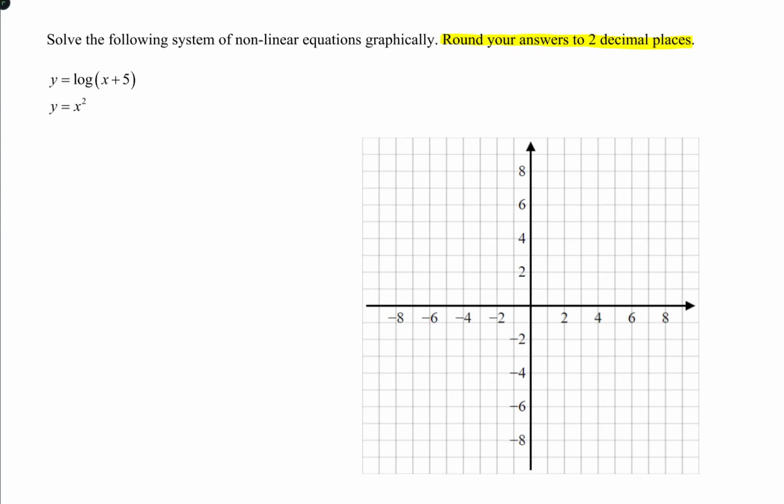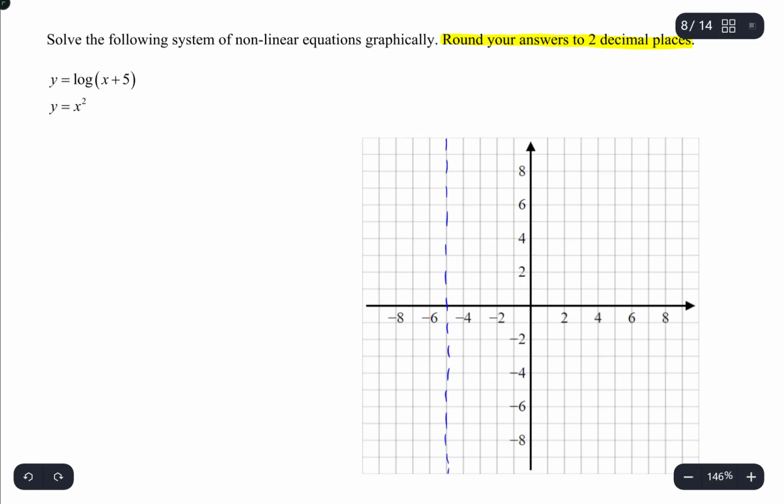Right now, if we want to get an idea of what's going on, here we have two equations. One is the common logarithm of x plus 5. The graph of a logarithm is shifted 5 units to the left, so that brings the vertical asymptote back 5 units. And then there's a single point right in front of the asymptote.